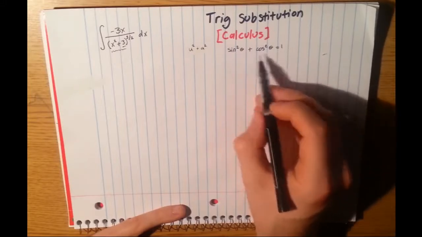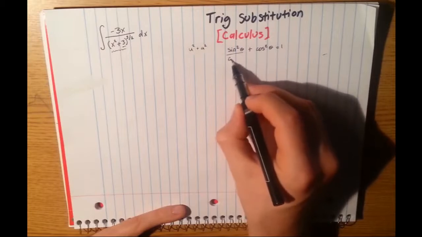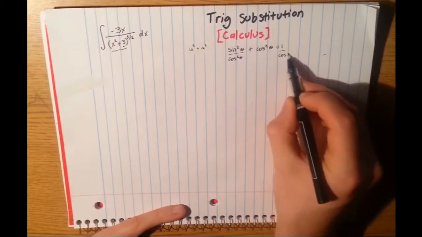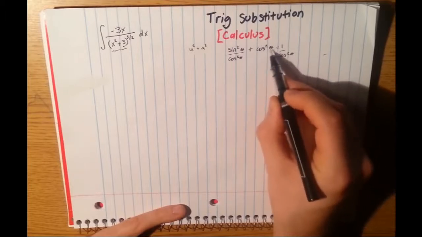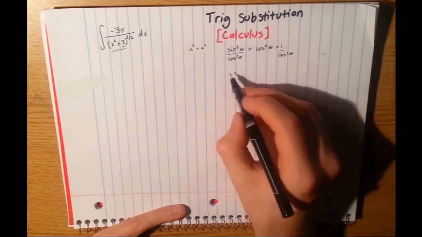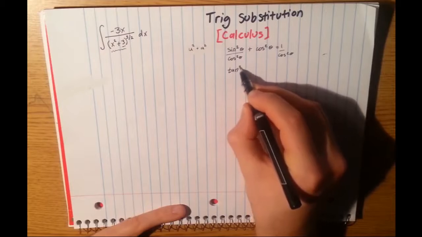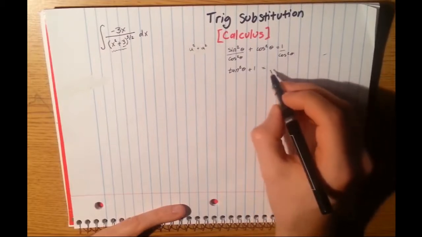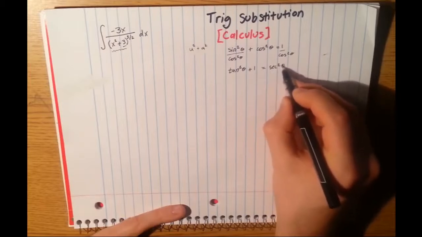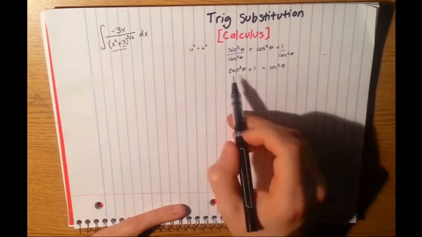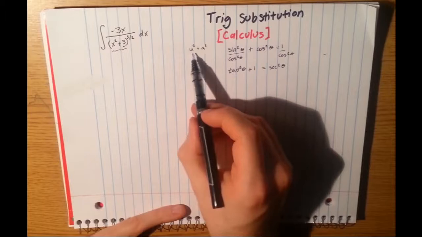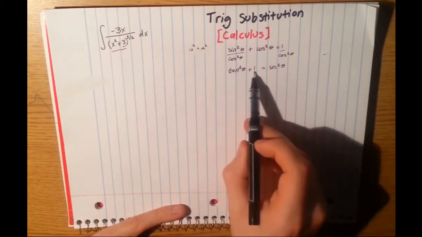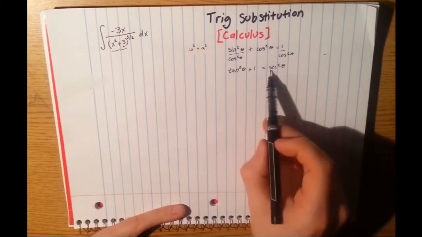If I divide by cosine squared theta on both sides, and this of course becomes 1, I'm going to get tan squared theta plus 1 equals 1 over cosine squared, which is secant squared theta. Now that's in my form u squared, which is again one of my trig functions, plus a squared, a constant, equals some value.